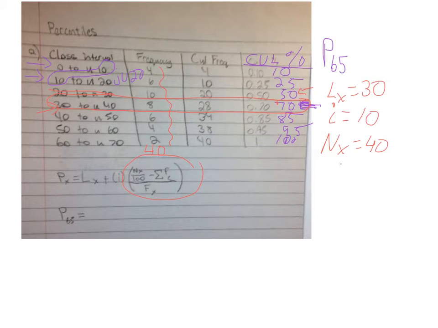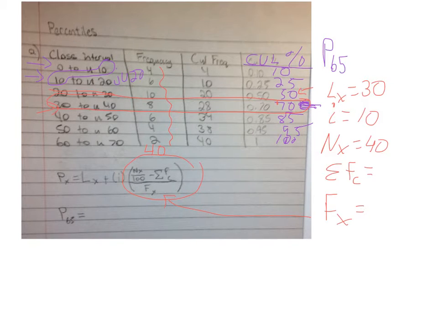Now, the sum of Fc, that's the sum of your cumulative frequency, not to be confused with the one on the bottom in the denominator, which is Fx, the frequency in the interval that we're looking at, okay? I'll show you how to find both of those values.